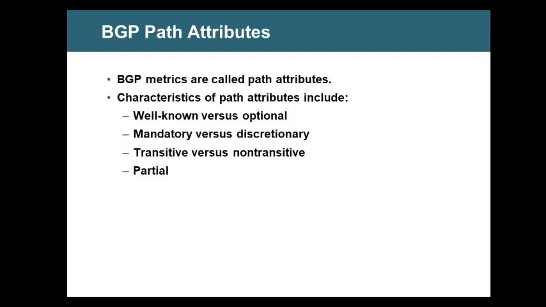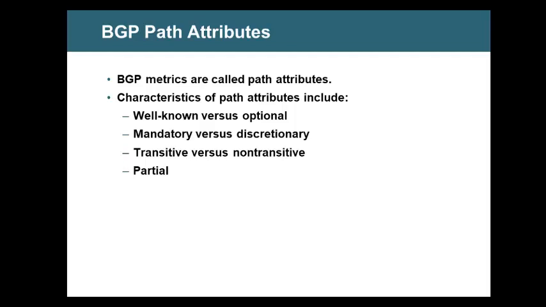Number one is weight. Number two is local preference. Local preference is well-known, discretionary. Next hop, the zeroth attribute, is well-known, mandatory.